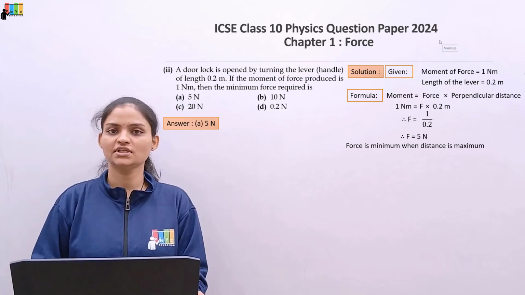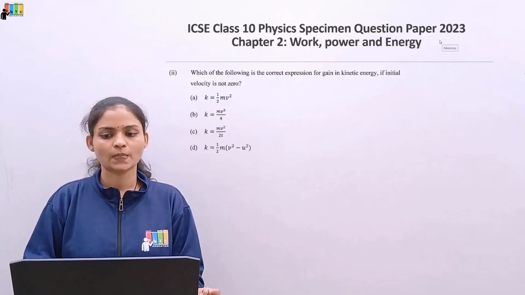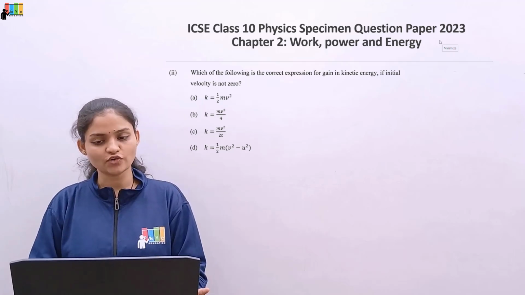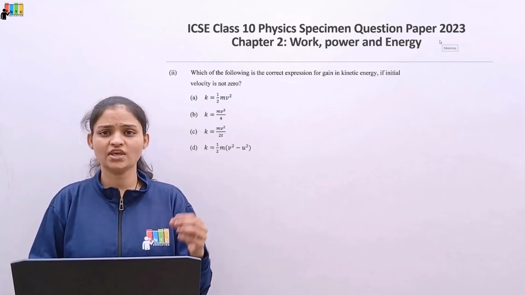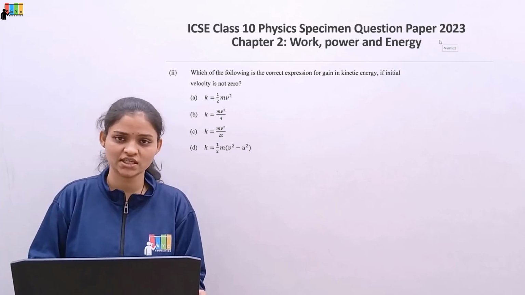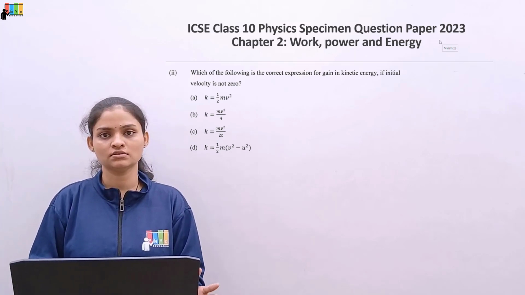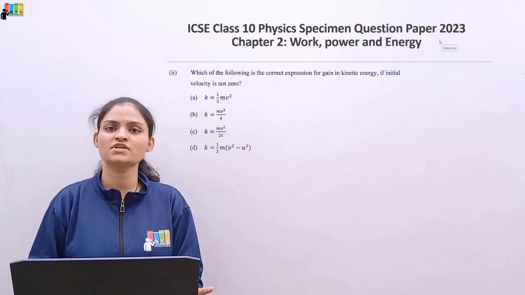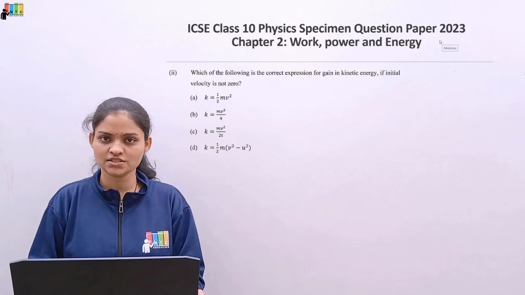Okay. Now next question. This is from specimen question paper 2023. We have seen MCQs from the first chapter, that is force. Now we are going ahead with the second chapter of first part, that is work, power and energy.